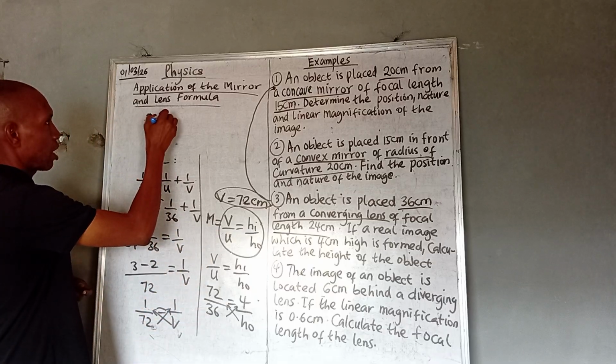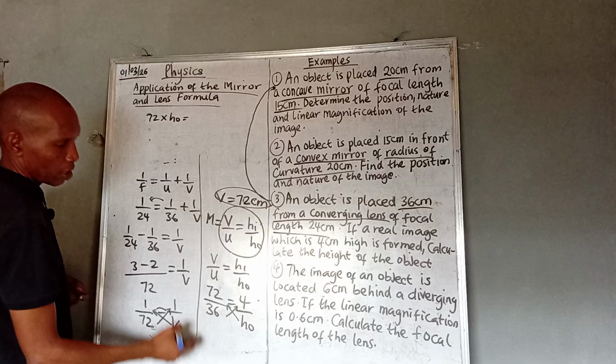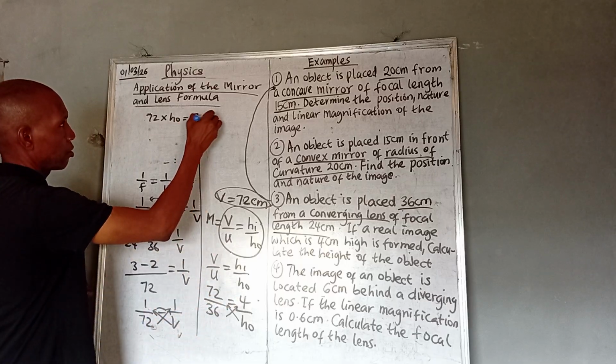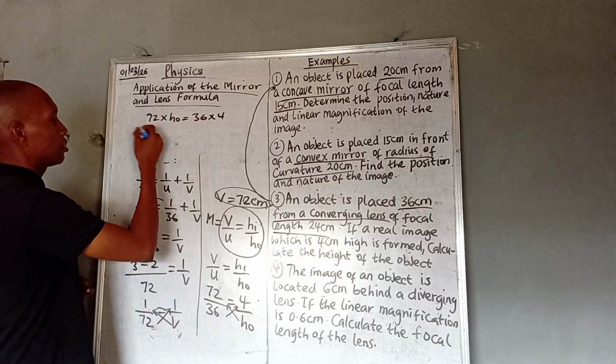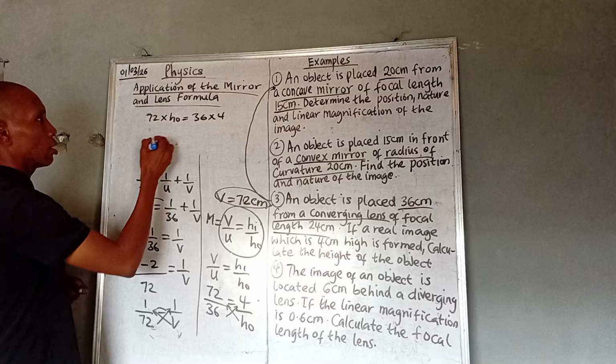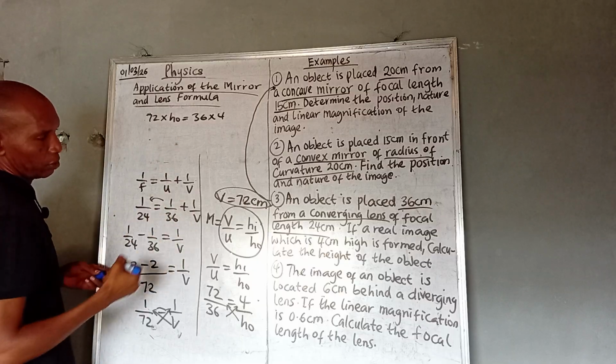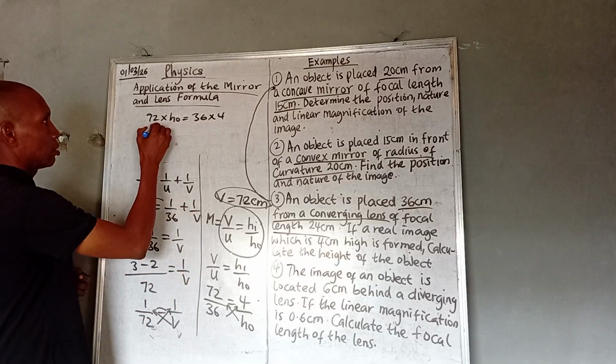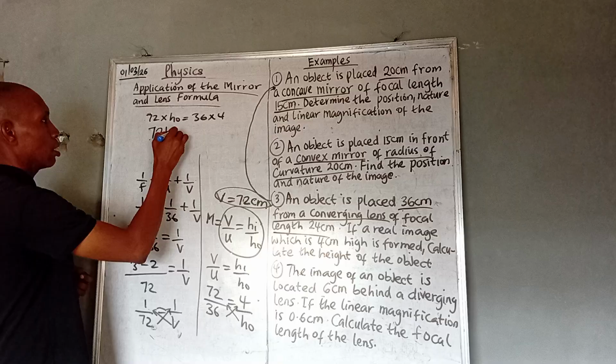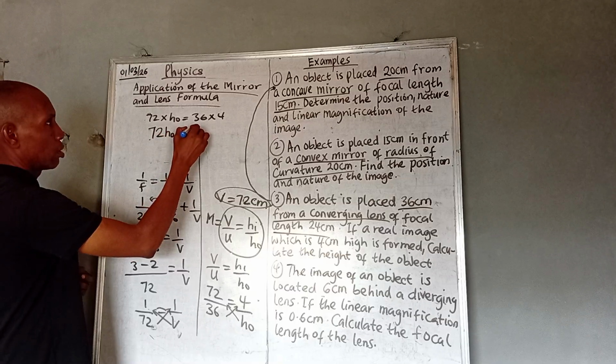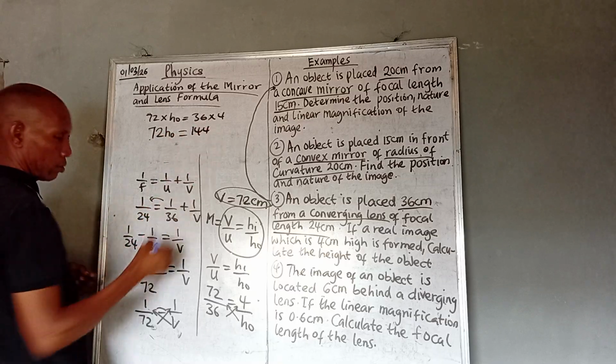So if we cross multiply, we have 72 times image height is equal to 36 times 4. Then 72 times object height, I beg your pardon, gives you 72 h naught. It's equal to 144.